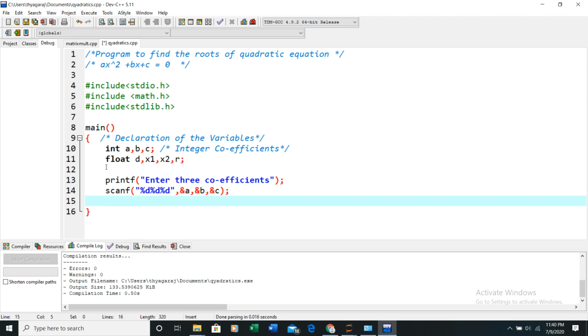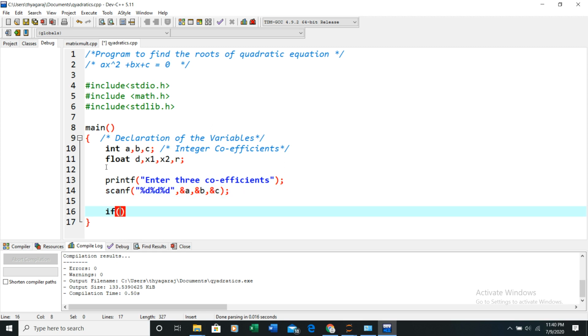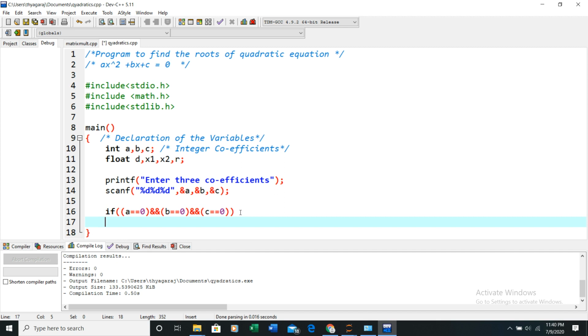Then we have to check whether the entered values are proper or not. Therefore, if a equal to 0 and b equal to 0 and c equal to 0, that means the user has entered all three values as 0, and in that case the input itself is invalid.